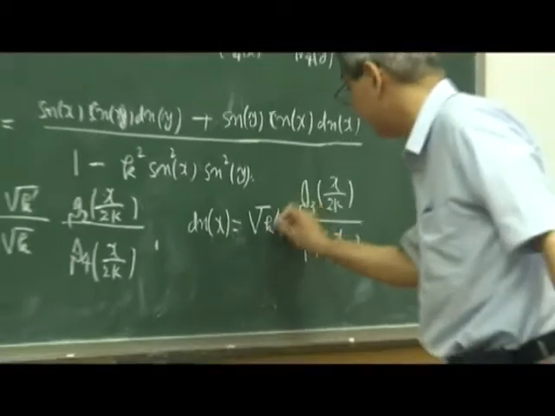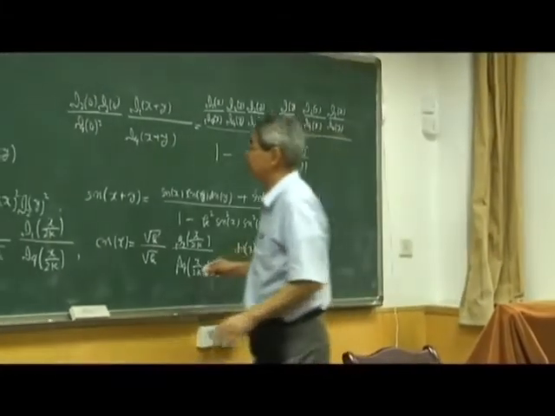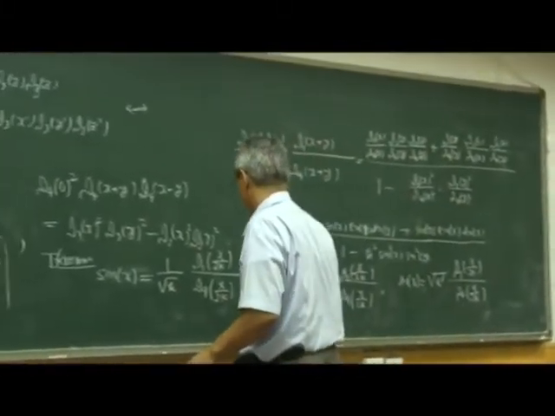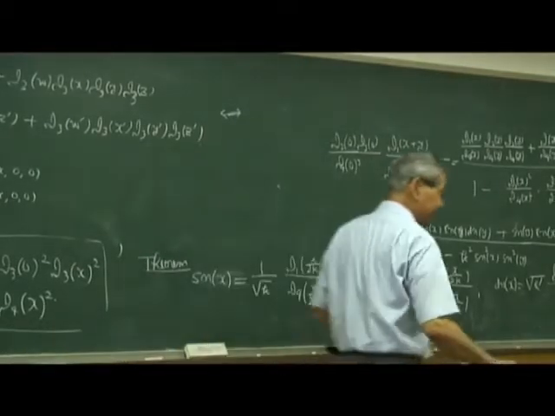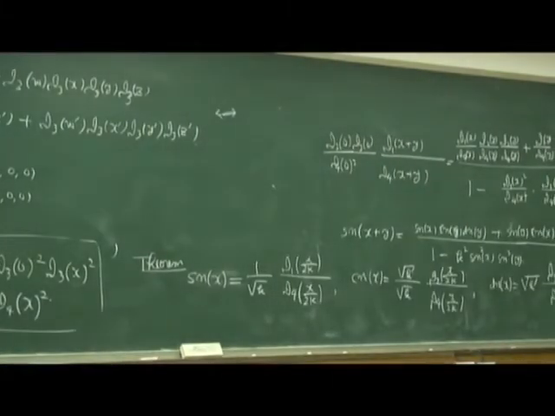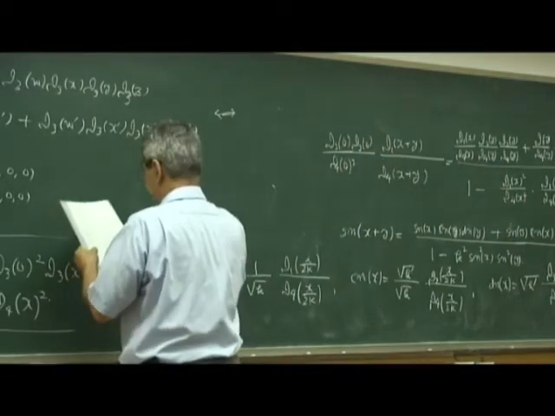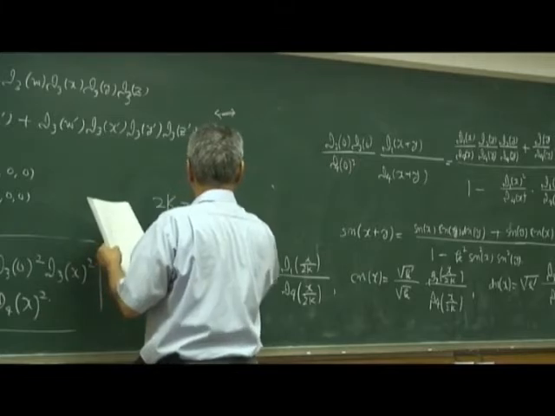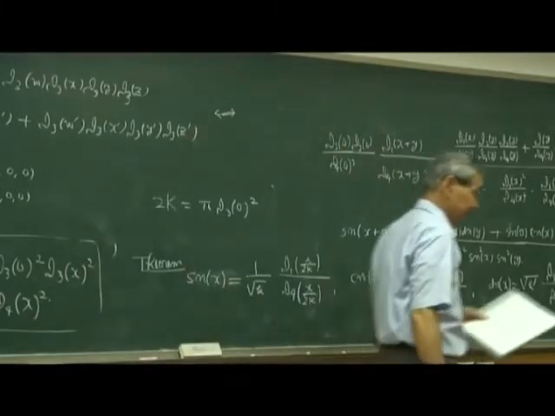So it must be k prime. Where, what is k? K is given by 2k equal to pi theta 3 0 square. Oh, this is easy.